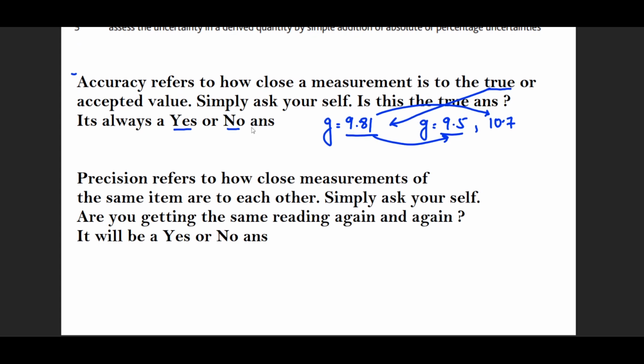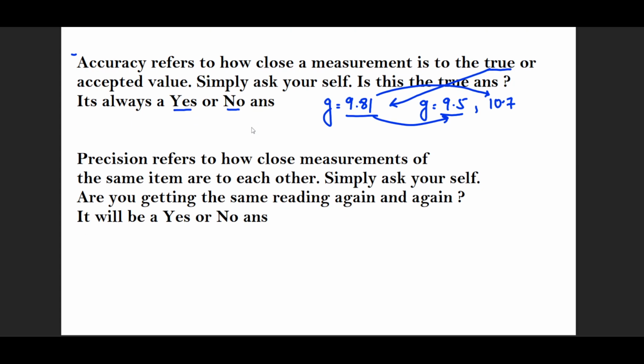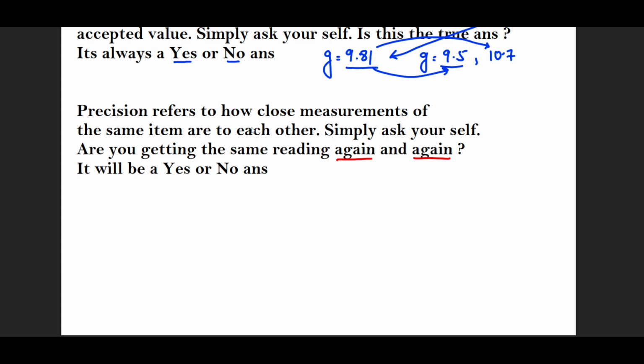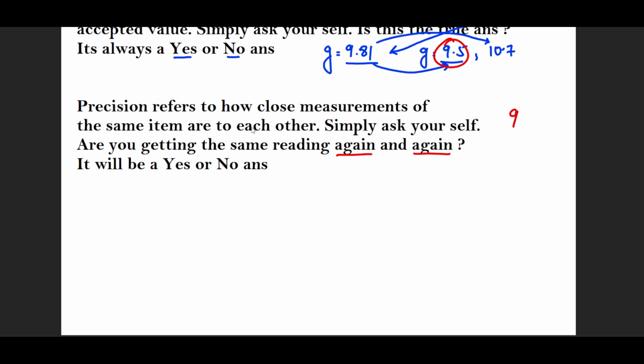Moving towards precision. Precision refers to whether you can get the same answer if you repeat the experiment. If you repeat the experiment again and again, regardless of whether it was accurate or not, and you're getting the same answer again and again, that means your setup or the experiment you're conducting is precise. For example, a student carries out the experiment and gets 9.5, then gets 9.6.